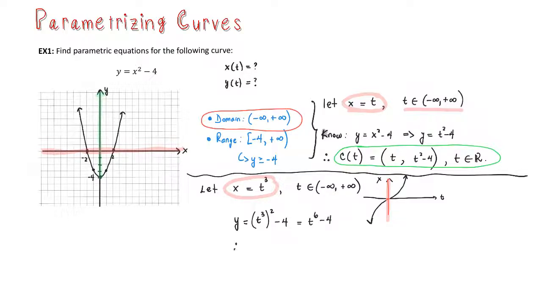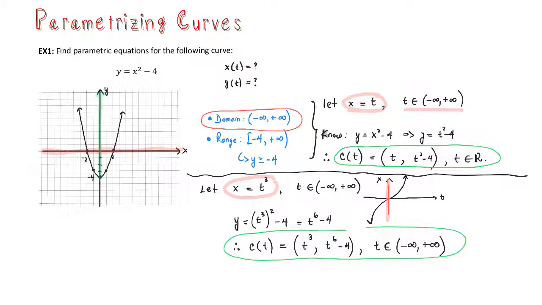So that means that we have another parameterization of the same curve. C of t will be t to the third, comma, t to the 6 minus 4. And it's very important to specify that t will be all real numbers. So this is another wonderful way to parameterize the same curve.